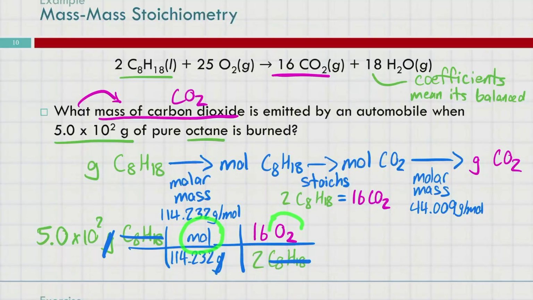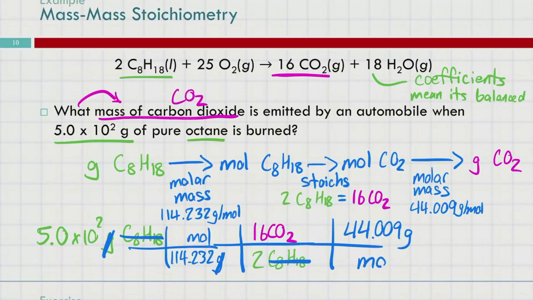So now we've got moles of CO2. So we're now in moles of CO2. We apply our molar mass to get rid of our moles. So we're multiplying, and moles cancel. Our units that are left are CO2 and grams.